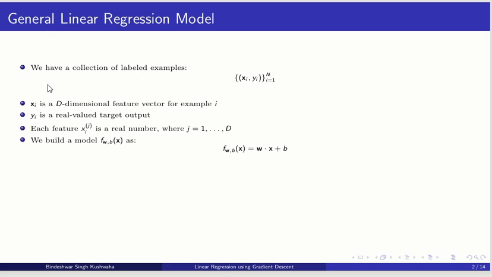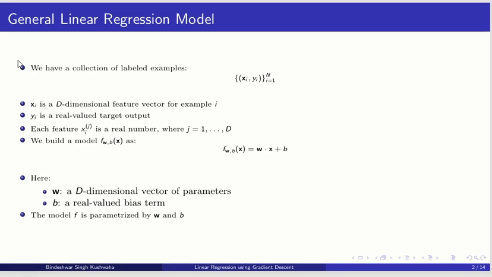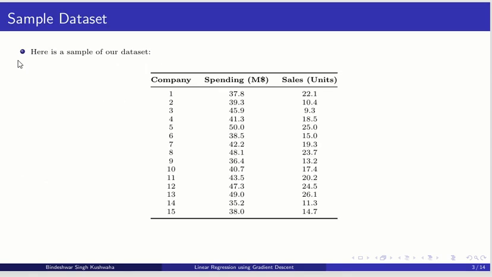So we will build a model, that is f_w,b, which will have two parameters w and b. W is weight and b is sometimes called bias. So basically this is a linear function, so that's why it is called linear regression. Here w is a d-dimensional vector of parameters and b is a real valued bias term. Then the model f is parameterized by w and b.